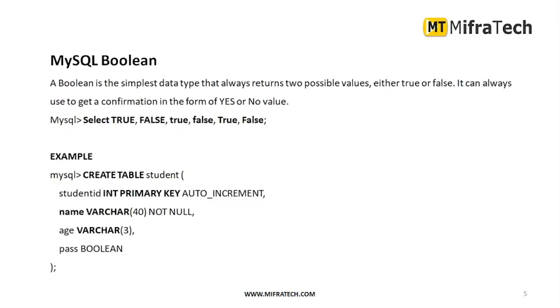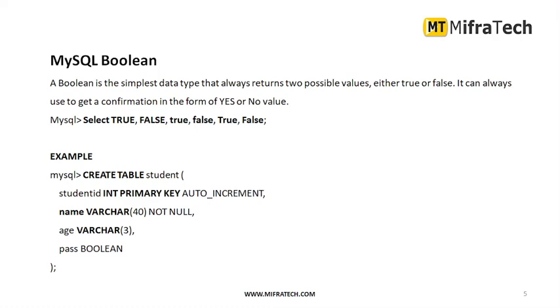Then MySQL Boolean. A Boolean is the simplest data type that always returns one of two possible values, either true or false. It can be used to get a confirmation in the form of a yes or no value. For example, SELECT true, false, true, false.